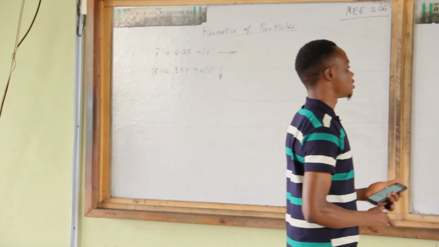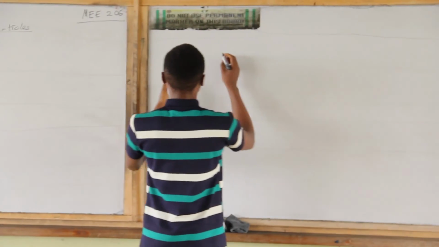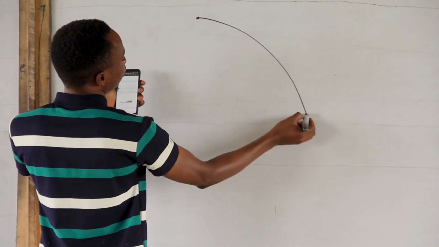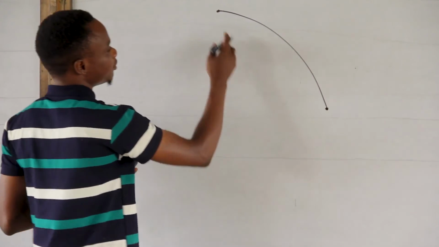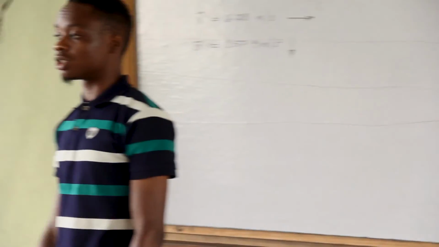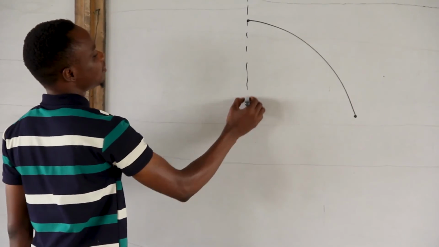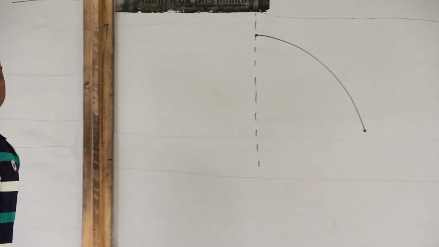Listen very well, please. So you have this kind of situation: to release at the point A and to go this way. Pay attention. This is just like the other half of the projectile motion. Establish your coordinate system.